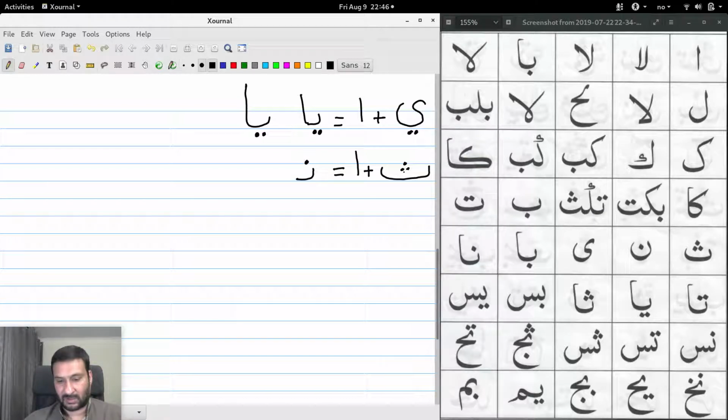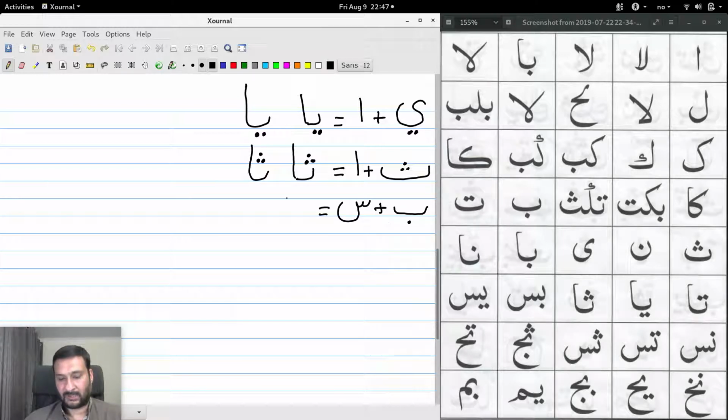Since tha has 3 dots on the top, its half form, which is the beginning form, takes 3 dots on the top, and then you join an alif with it. And if I write it fluently, it would be like so. Tha alif. Next is ba sin. So this is ba and sin.